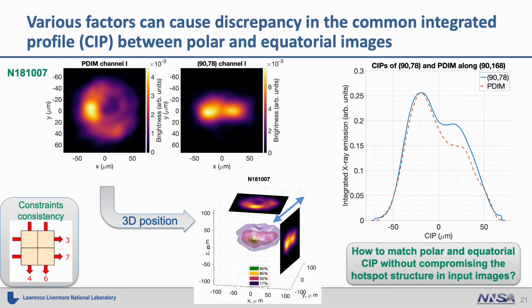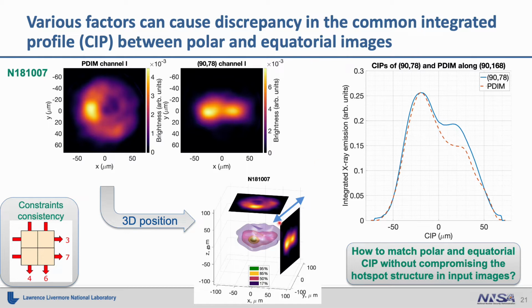So one challenge that we encounter in processing our experimental data is that because of varying statistical noise on the image plate, the noise can cause discrepancy in the so-called common integrated profile, CIP, between the polar and equatorial images.